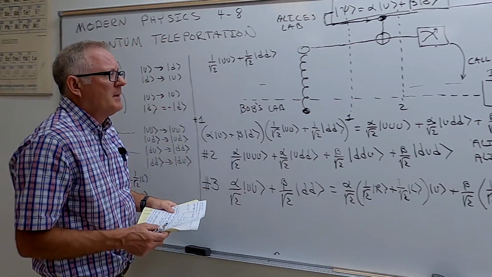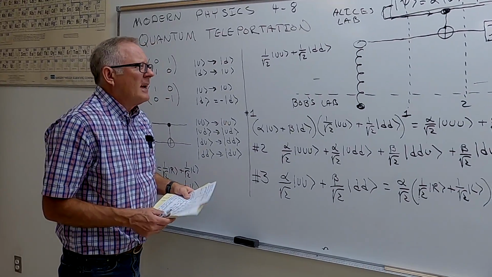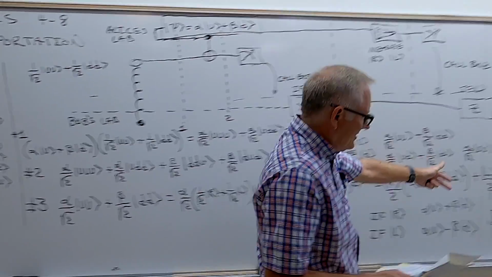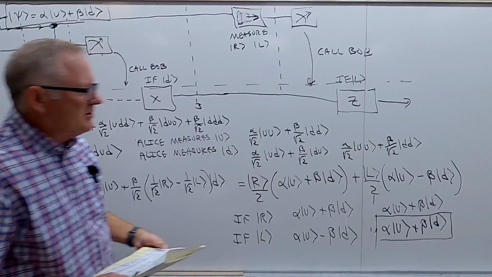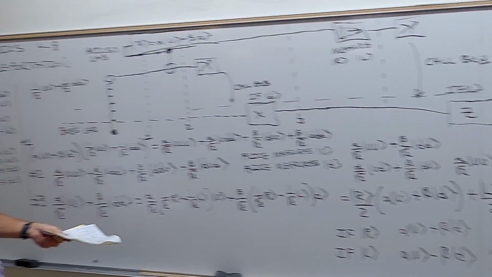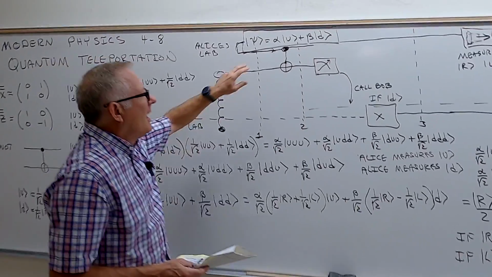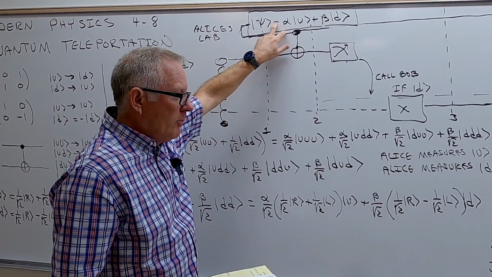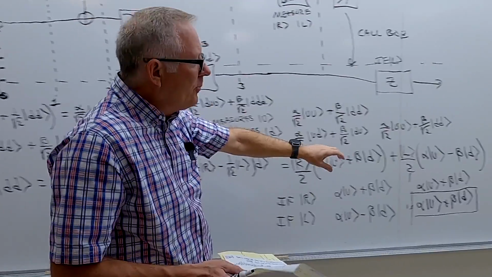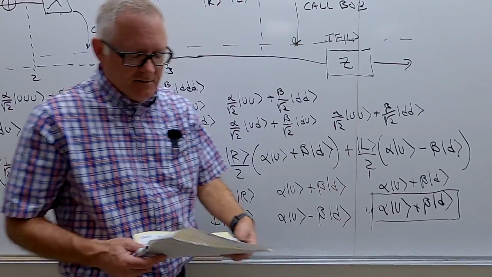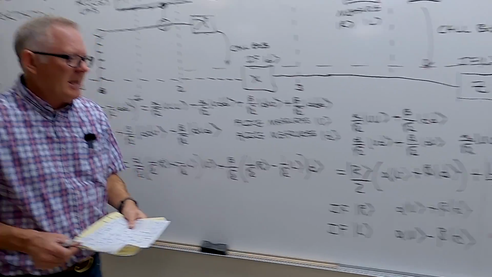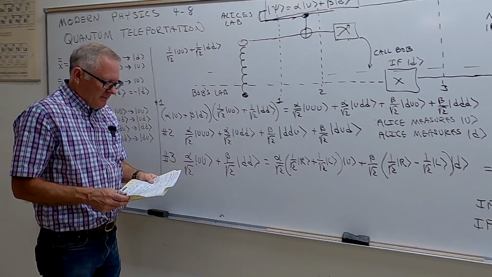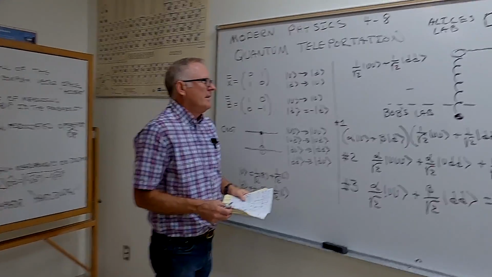Not only that, you'll notice I had to destroy this to create this. You'll notice on Star Trek when they beam up, they have to destroy the person going into the teleporter to create a new person outside. So that's just the no cloning theorem. You can't create a copy of it.